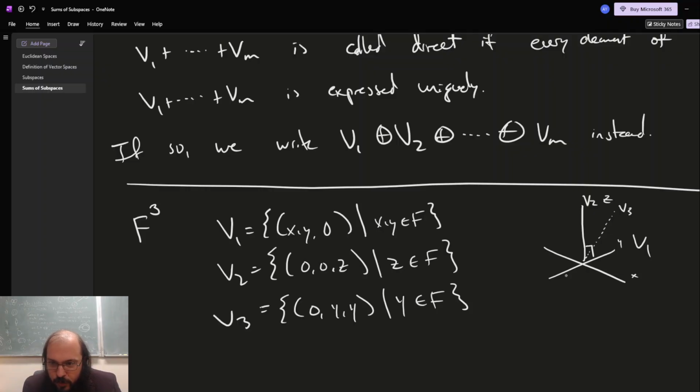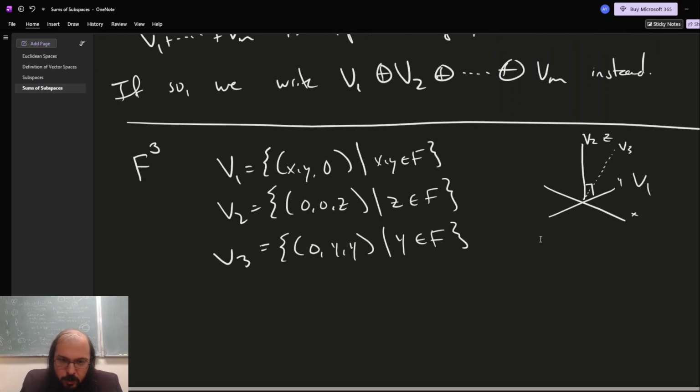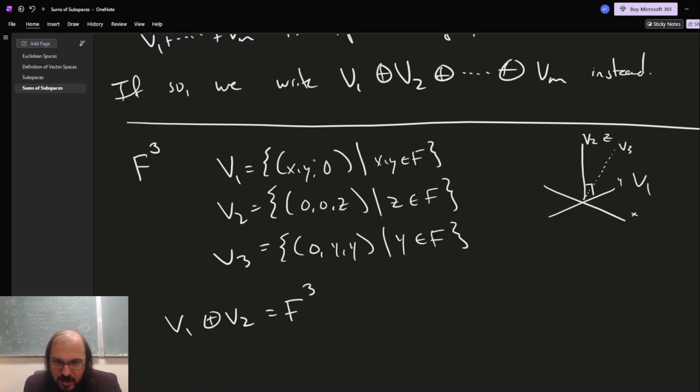Like this is the 45-degree angle in this vertical plane. So this is a direct sum. V1 and V2 give a direct sum. V1 plus V2 equals F3, right? Everything in F3 can be written as something in the plane and some Z amount, and it can be done uniquely, as you guys believe.